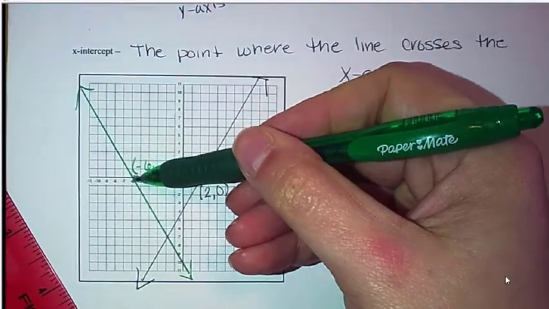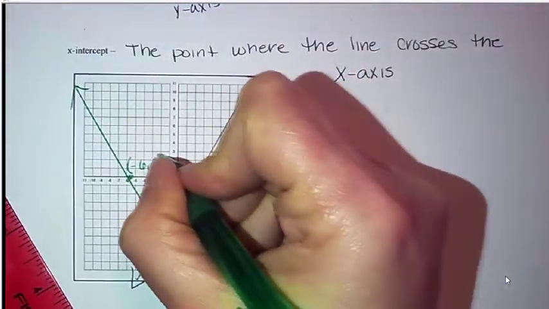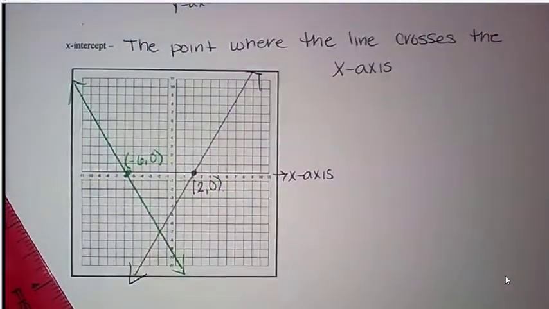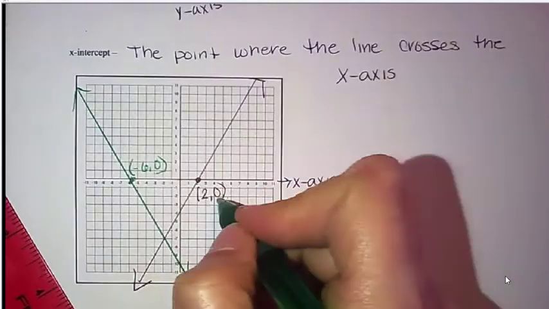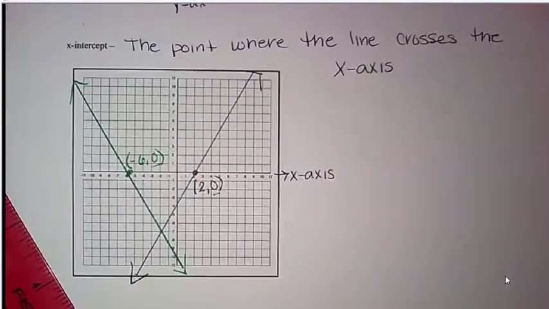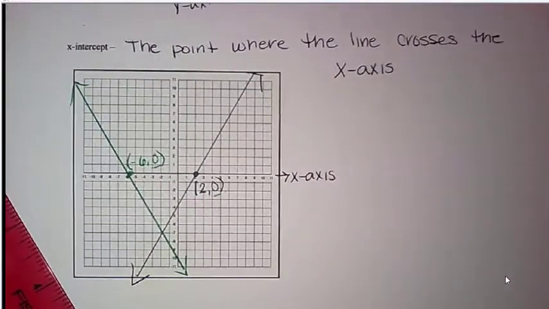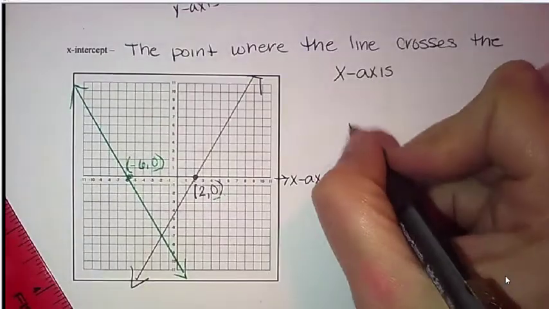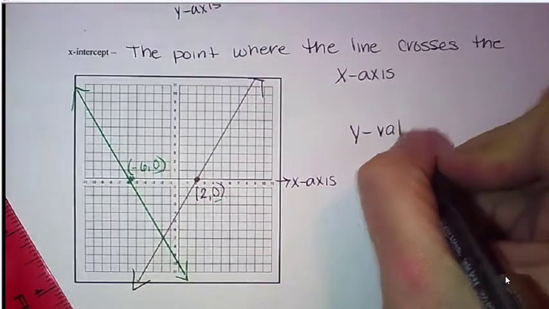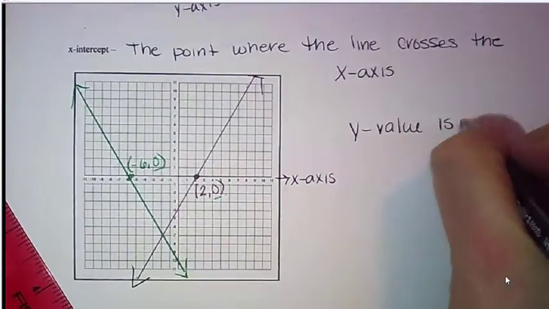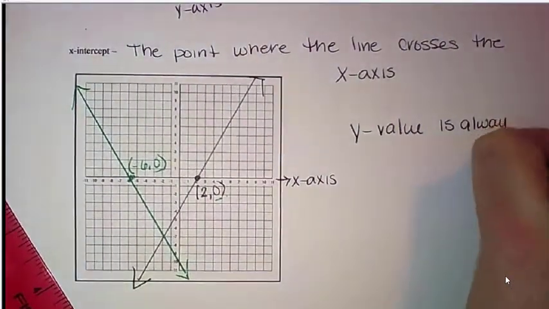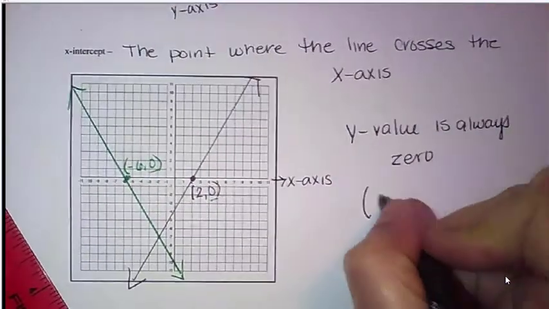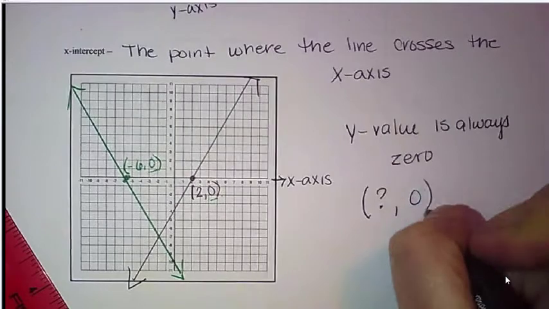It would just be that -6, so that would be a 0. So very similar to our y-intercept, I hope you're noticing that in this case, our y value is 0 for our x-intercept, and that's always true for our x-intercept. The y value is always 0, and we have a point where we have something comma 0.